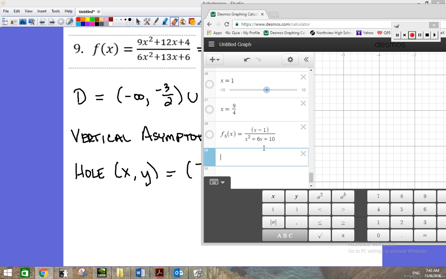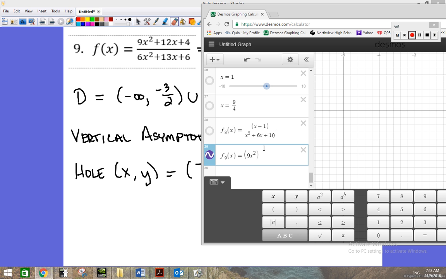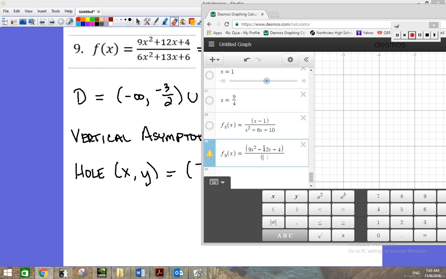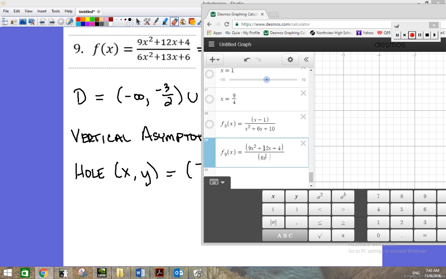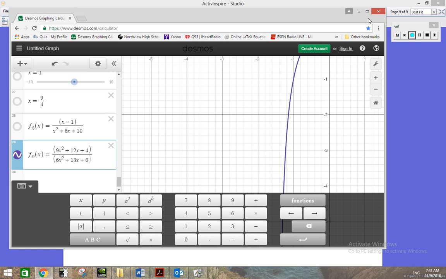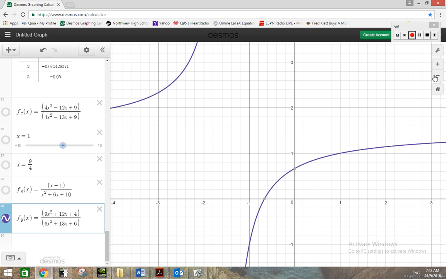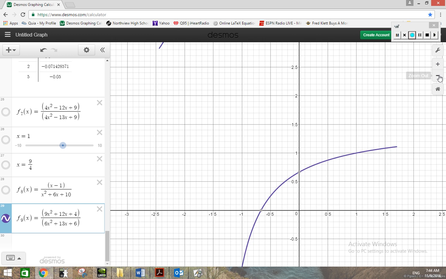Alright, so I've got problem 9. It won't illustrate the hole unless we look at the table, but let's zoom out.